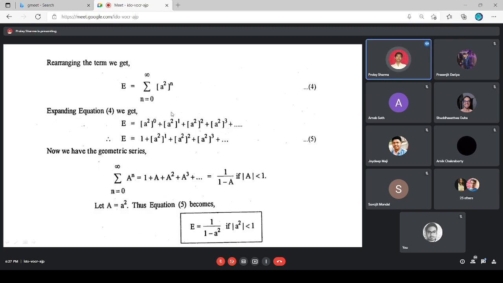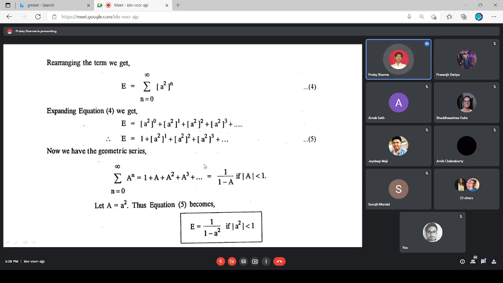Now for the different values of n we get different terms, and this way we observe that this expression is an infinite geometric progression, an infinite GP series.